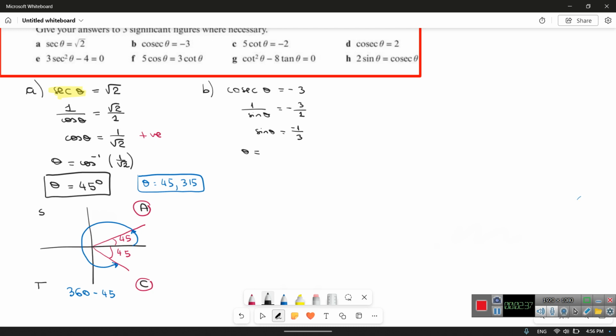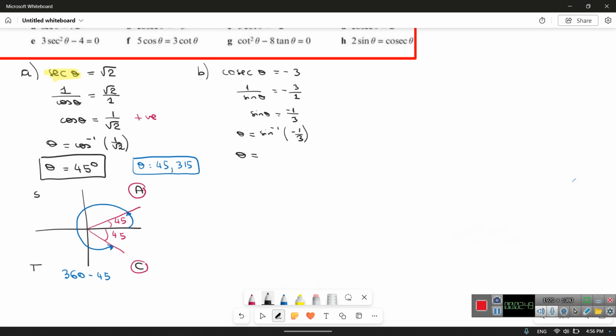If I'm going to find the angle, I'm going to solve this in degrees, -1 over 3. If I use a calculator, we get our value to 2 decimal places as -19.47 degrees.